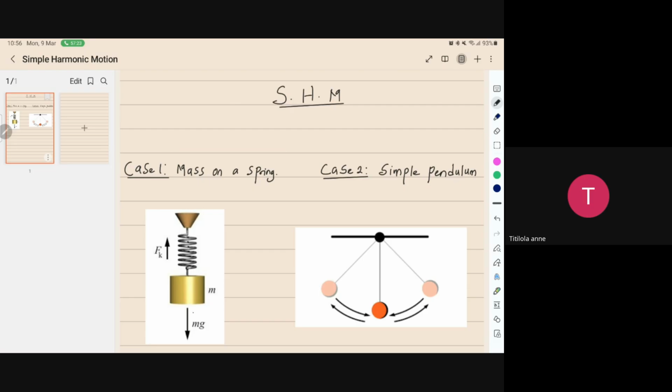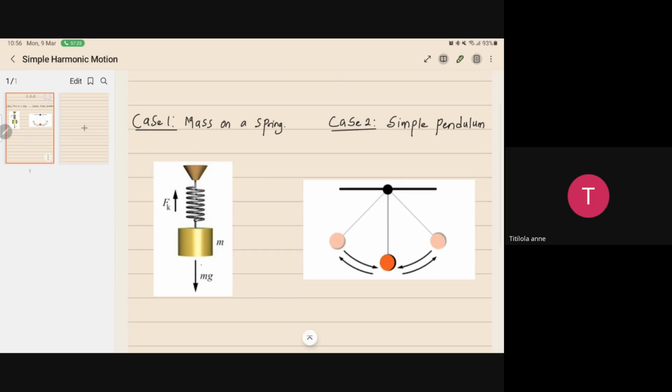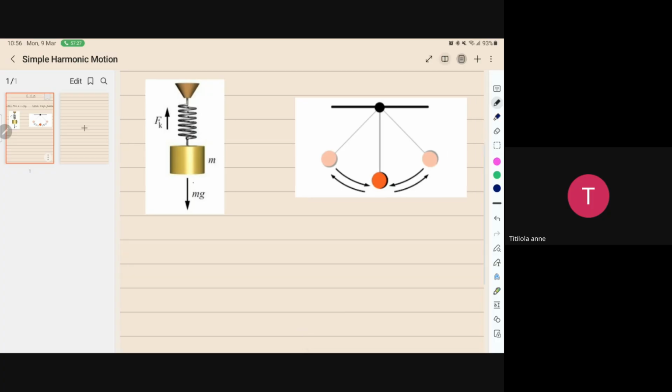Is your simple pendulum. All right. So let's proceed. I said that your simple harmonic motion is a periodic motion. So a periodic motion is a motion that repeats itself, just like what I explained, the up and down motion of those things.